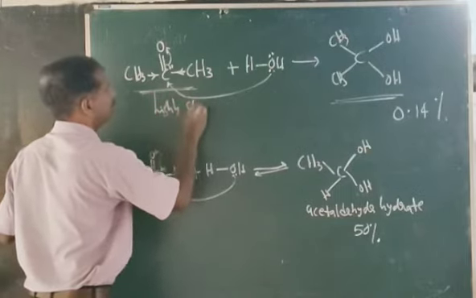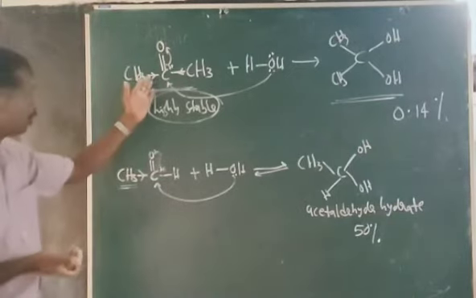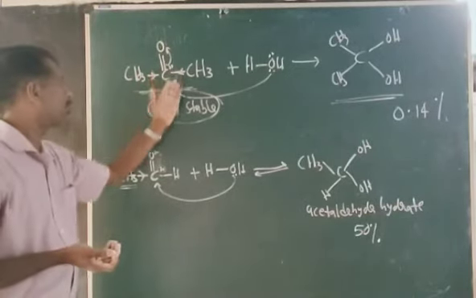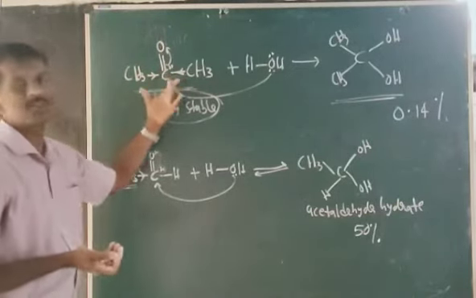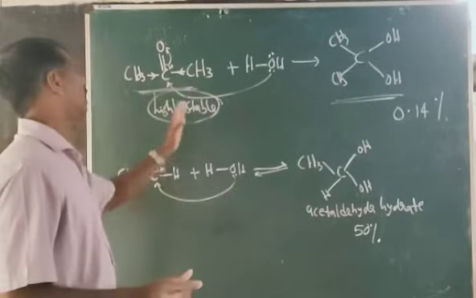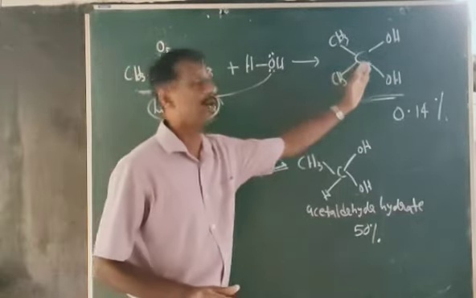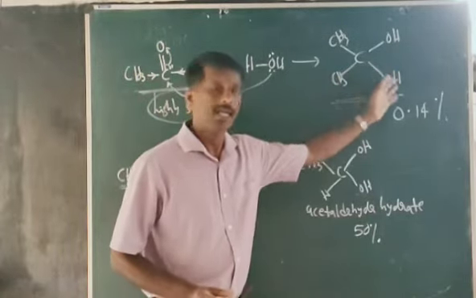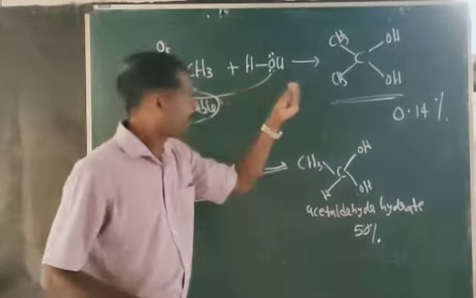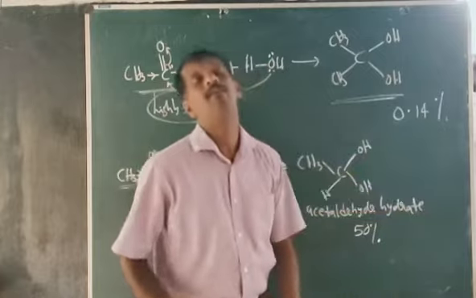The carbonyl compound is stabilized due to the presence of two electron donating groups. Therefore, it will have the least tendency to change into the hydrate form. That is the reason only 0.14% of hydrate will be formed.